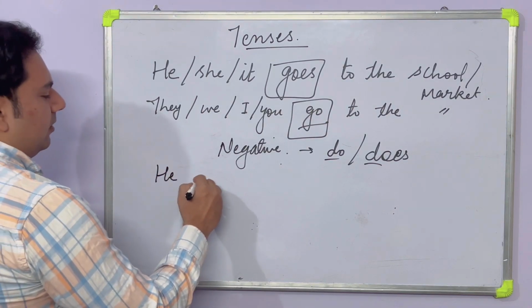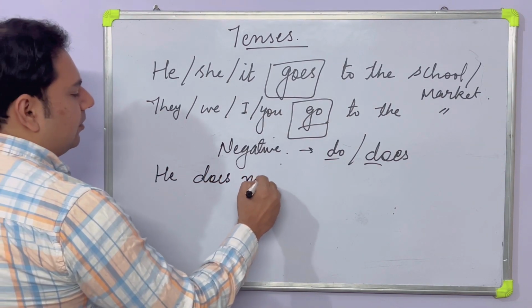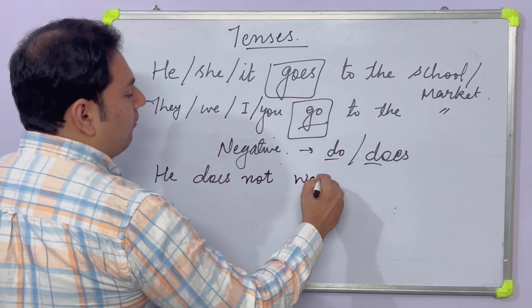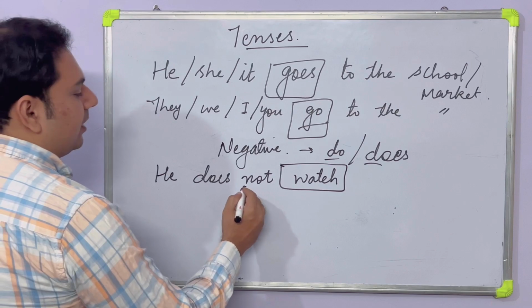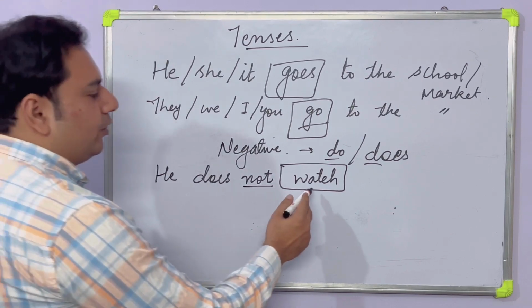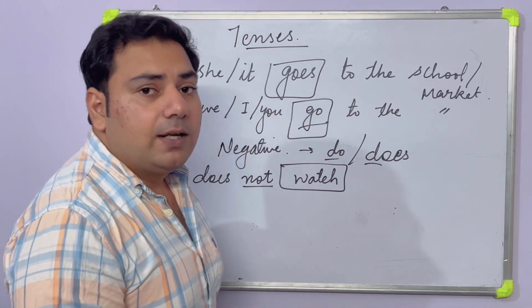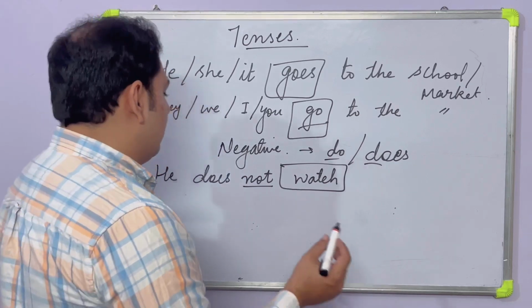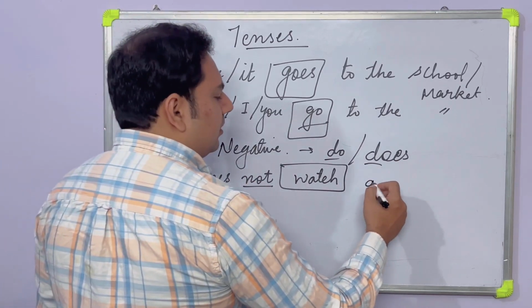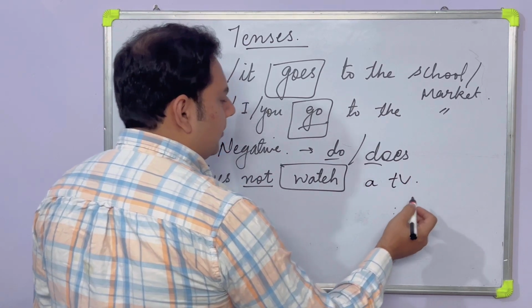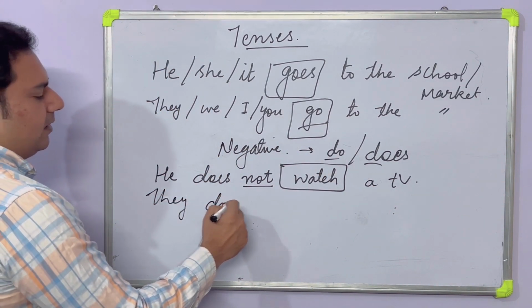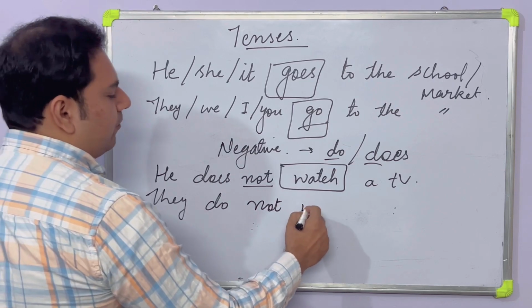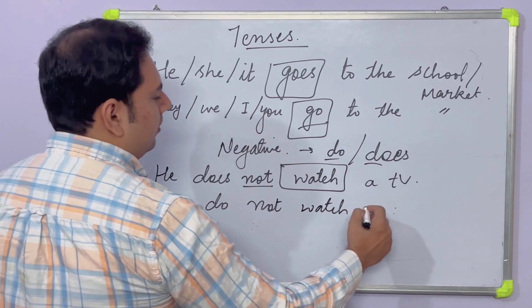Like he does not watch, not watches. Now you have to remember, if it is a negative sentence, then you do not have to change the verb into s or es form. He does not watch TV. In the same way, they do not watch TV.